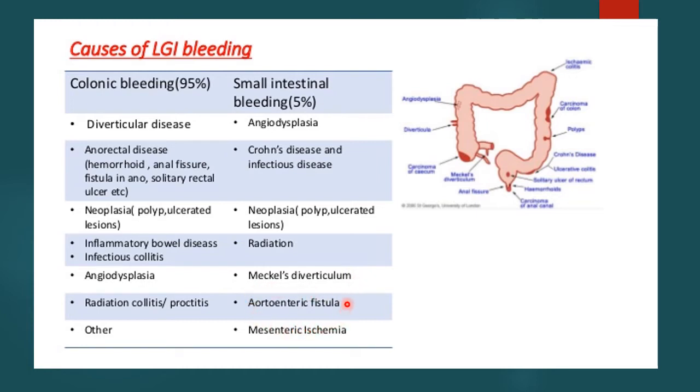Aortoenteric fistula is another cause of GI bleeding, and of course, mesenteric ischemia.